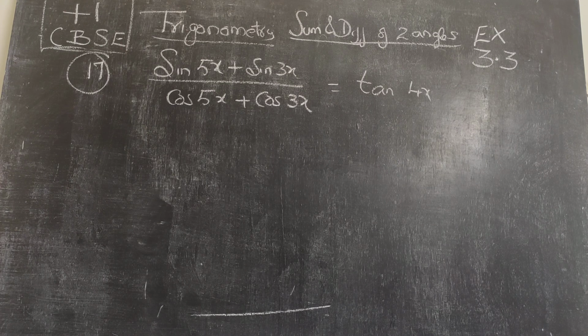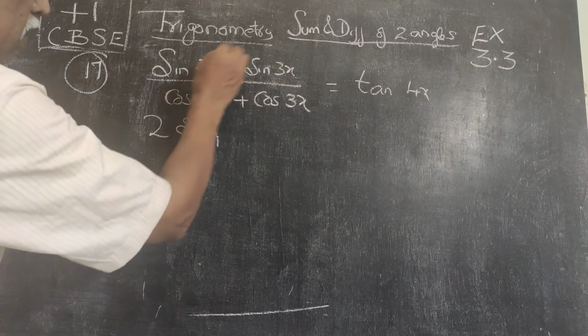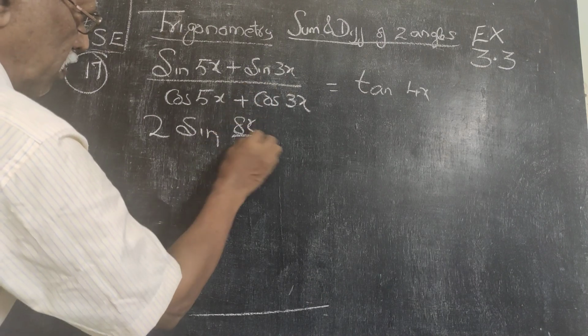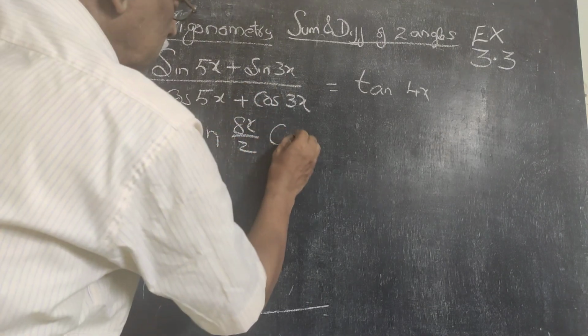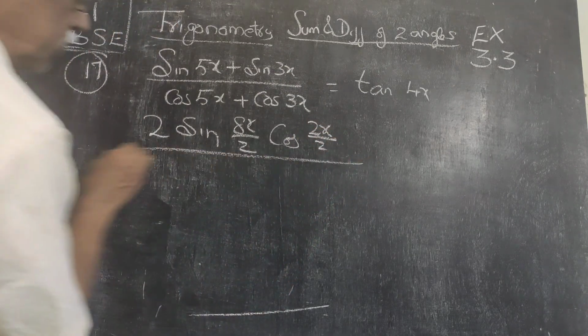17th problem: sin 5x plus sin 3x divided by cos 5x plus cos 3x. We have to prove that it is equal to tan 4x. A very simple problem again. Sin C plus sin D is 2 sin (C plus D) by 2, so 8x by 2, cos (C minus D) by 2, so 2x by 2.